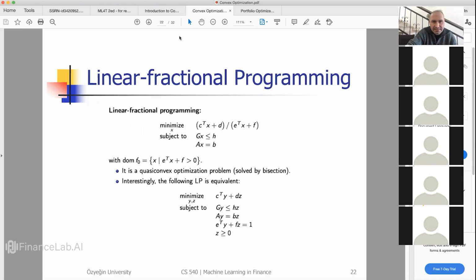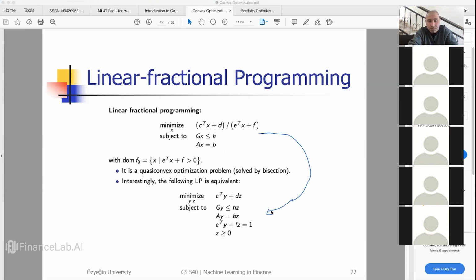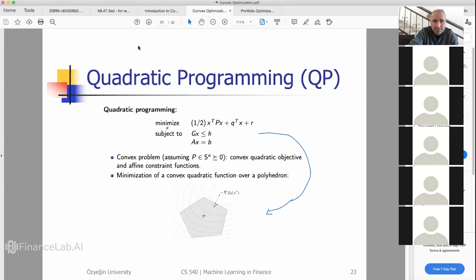This is a quasi-convex optimization problem. We do not need to know the details, but there are certain methods that transform this problem into an LP problem. That's what you should know. So when needed, we have methods that transform the linear fractional problem to a linear problem.